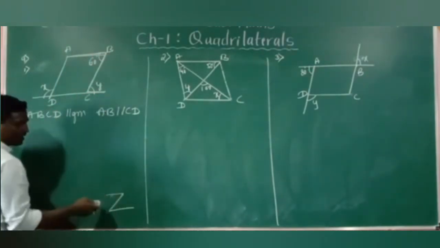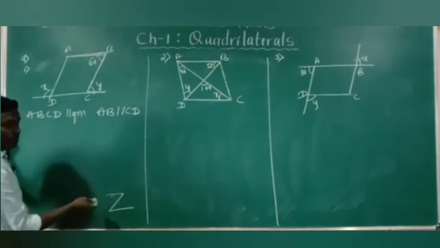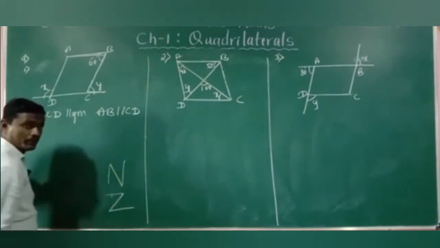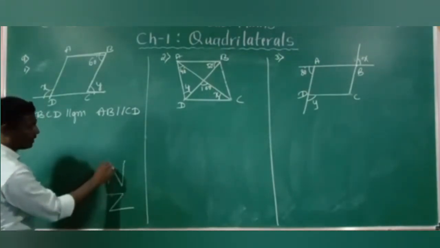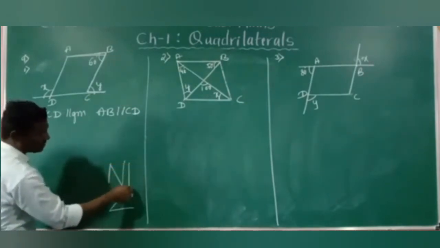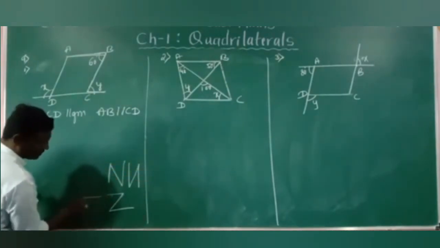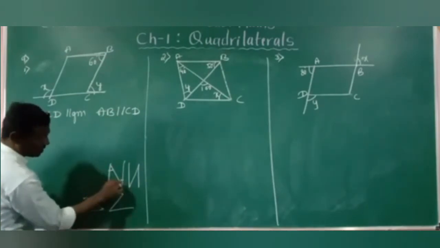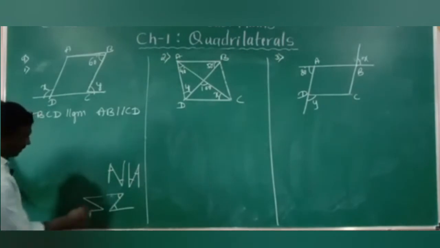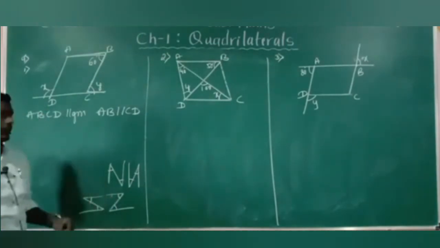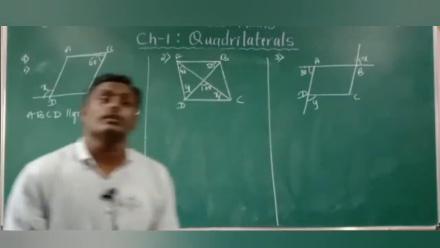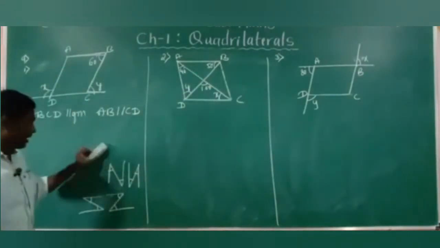The alternate angles are always in the form of the capital letter Z, or in the form of the capital letter N, or you can also take it in reverse order like this. So these two are alternate angles. Again, these two are alternate angles. These two are also alternate angles, and these two are alternate angles. So alternate angles always form between parallel lines.